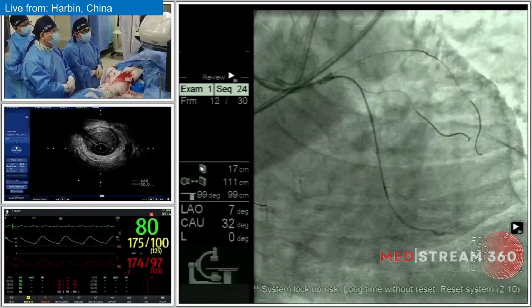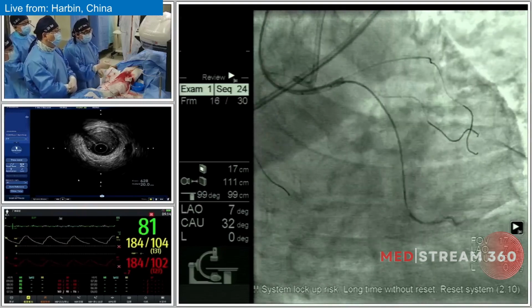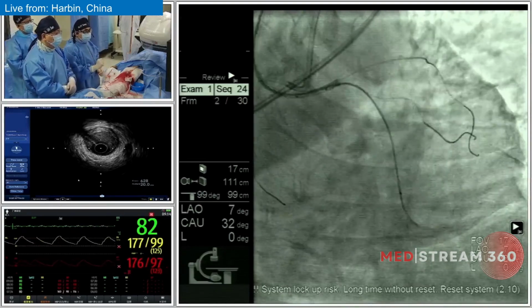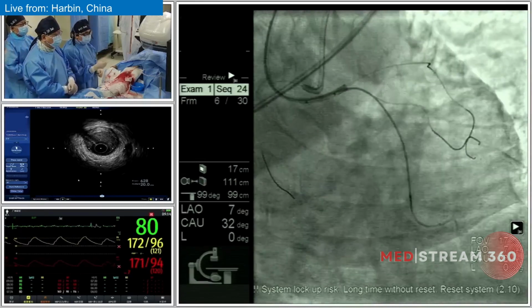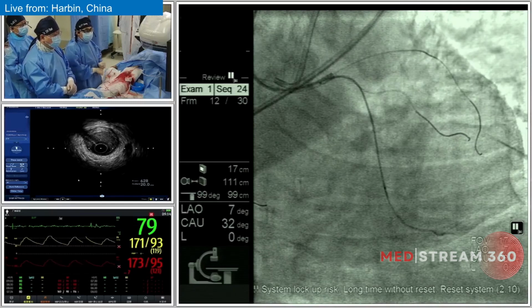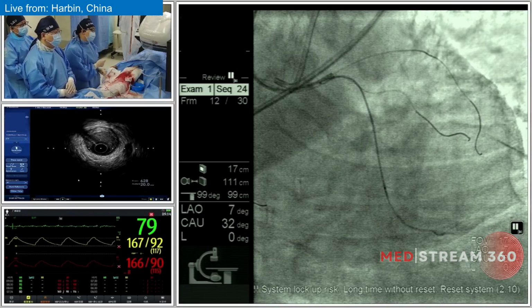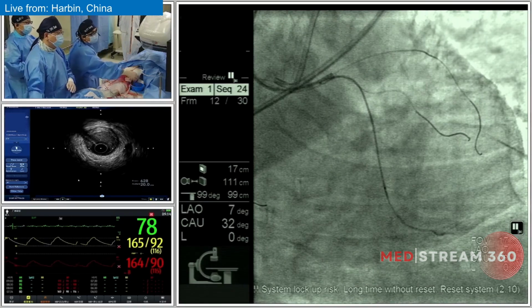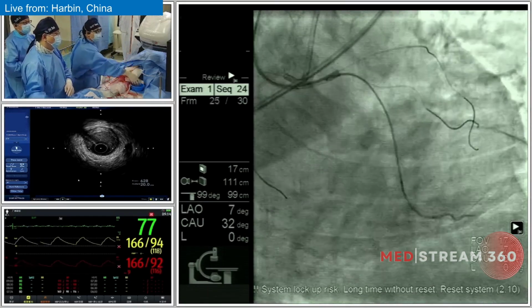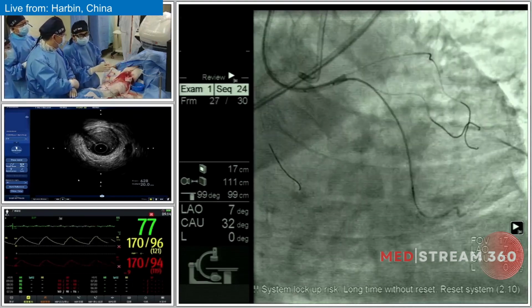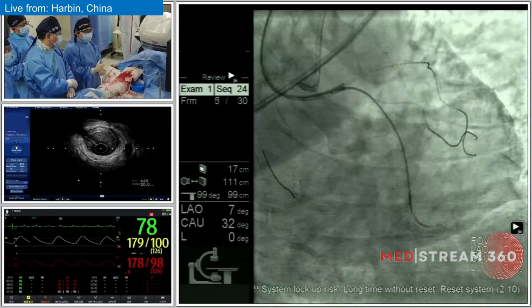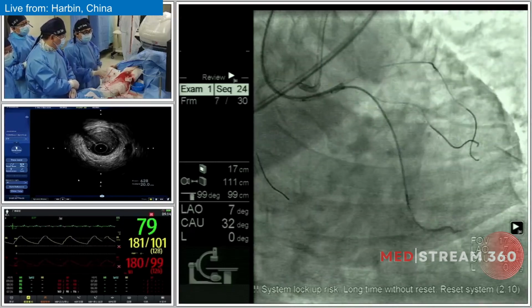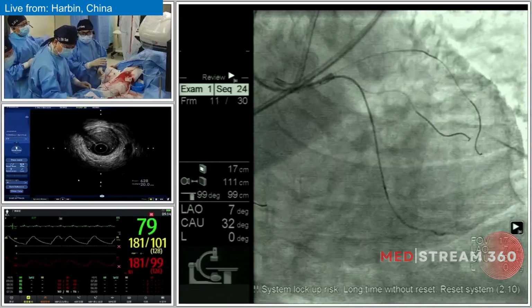Then we advance the micro catheter to the distal segment and perform tip injection to confirm the true lumen again. In some cases, the Y entered the extraplaque space or the intimal space, and then we will perform the ADR technique, that is antegrade dissection and reentry technique.